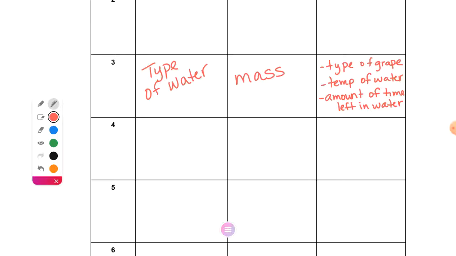Braylon, what happens to a lot of things when they're left in water? They like get soggy. Okay, some things get soggy. They get like water inside. Okay, some of them get waterlogged or they kind of absorb some of the water. What happens to some other things, Fisher? They dissolve. They dissolve. Okay? So yeah, the amount of time it's left in the water would also be important.